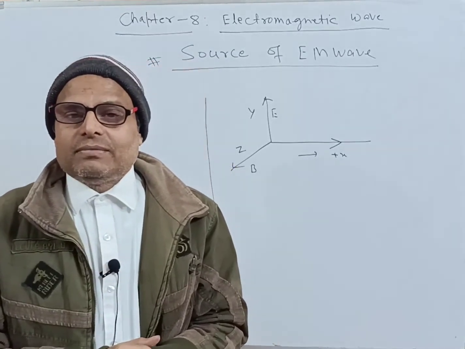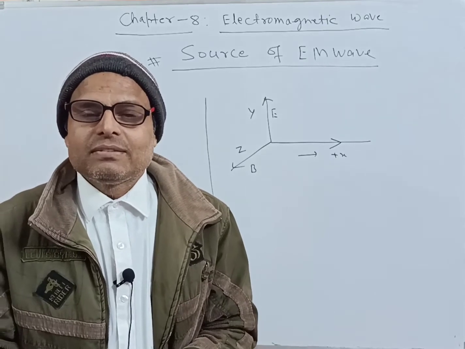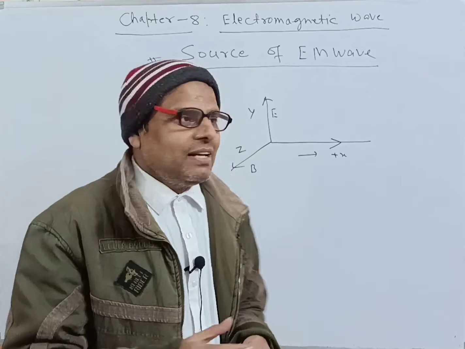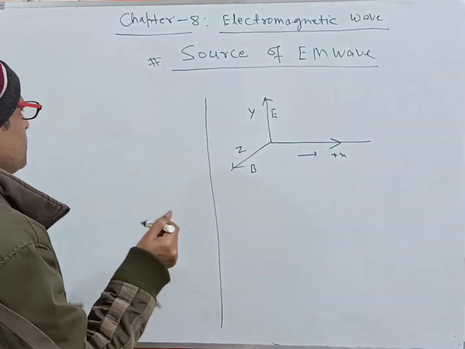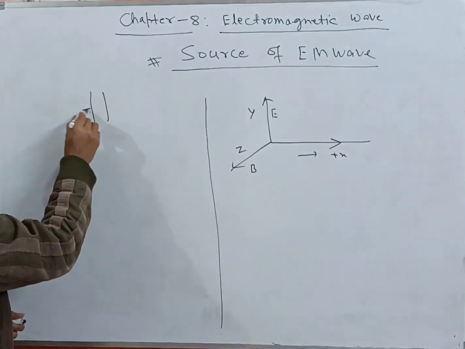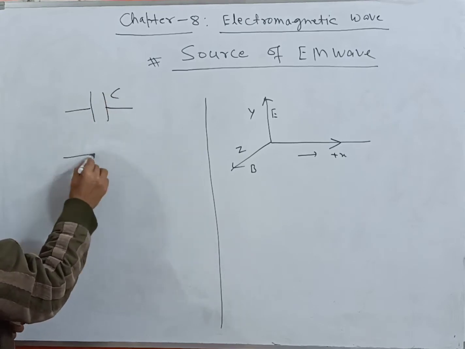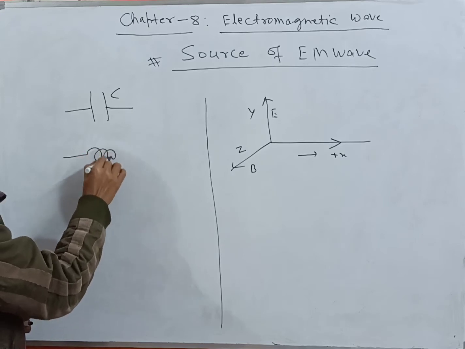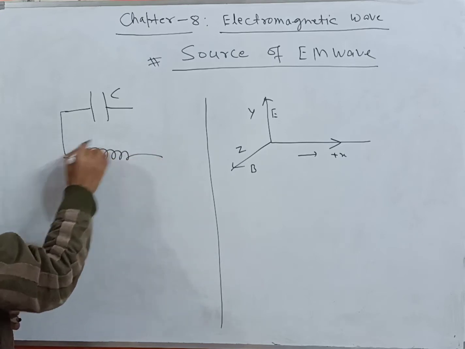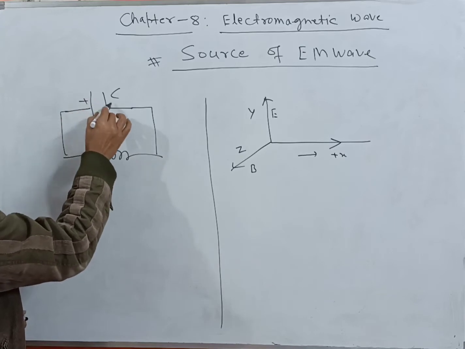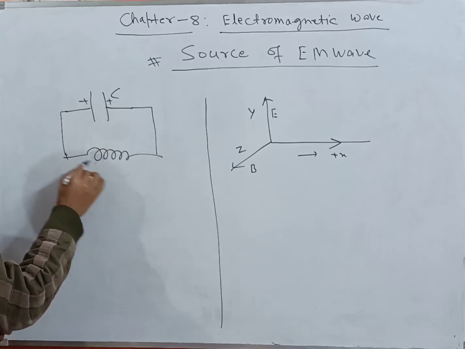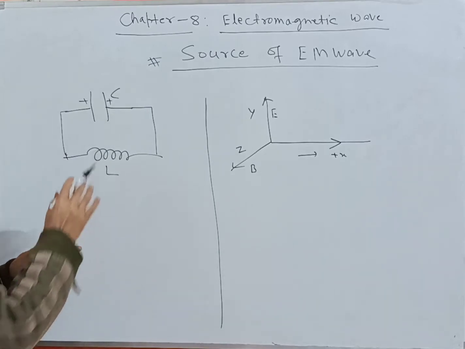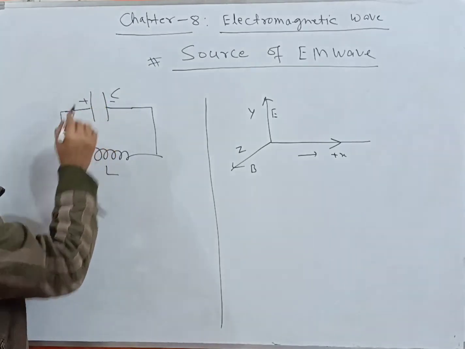You have heard a very important keyword, LC oscillation. In LC oscillation, what happens? There is a capacitor, there is an inductor. When capacitor is fully charged and it is connected to an inductor, then what happens?